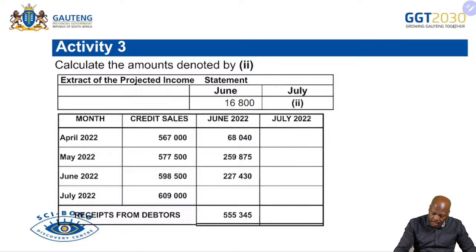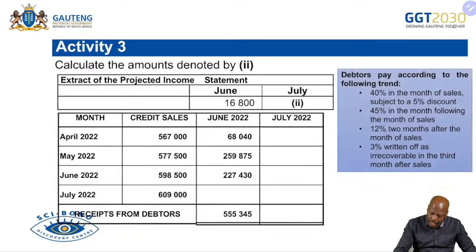All right, let me get my information correctly here. Here we are given the debtors collection pattern, and the debtors collection pattern is 40%, 45%, and then the 12%.